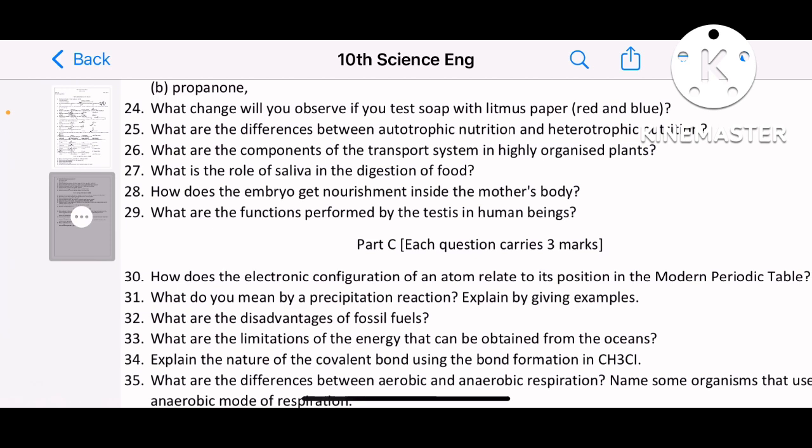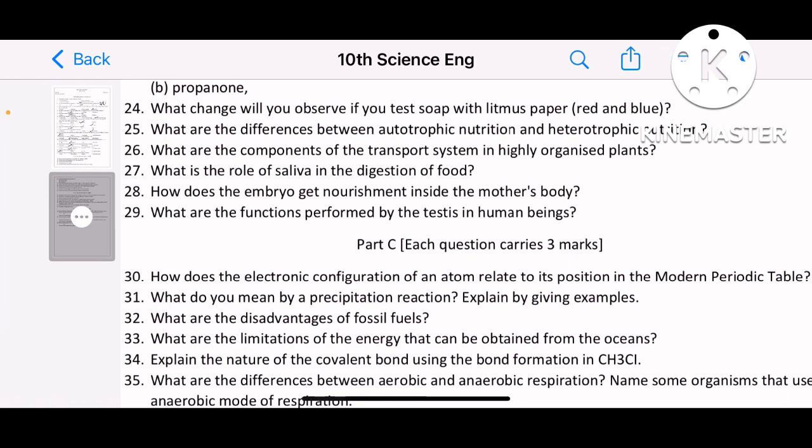Autotrophic nutrition, second point, carbon dioxide and water are raw materials which combine to form organic compounds, whereas in heterotrophic nutrition they depend on plants and herbivores for their food. Third point in autotrophic nutrition is they need chlorophyll and sunlight, and as compared to these, there is no need of chlorophyll and sunlight in heterotrophs.